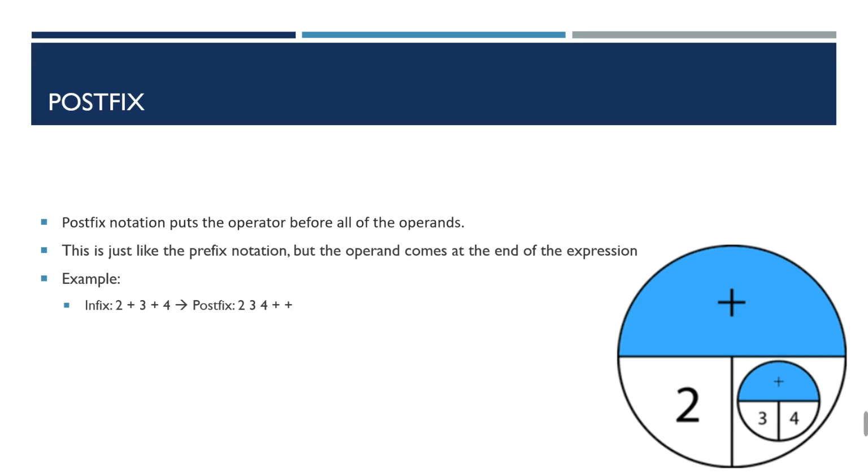We take the bottom two operands first from left to right, then append the operator at the end. Similarly, when we have two expressions or more, we have to remember the operator to append at the end. Using the same example, 2 plus 3 plus 4, the postfix is 2 3 4 plus plus.